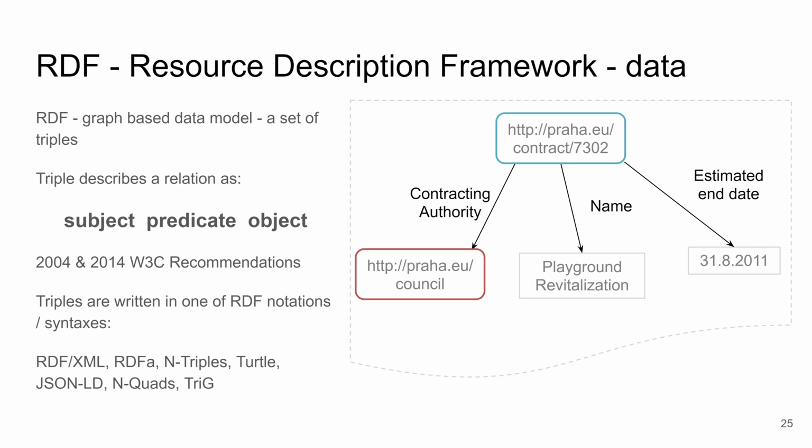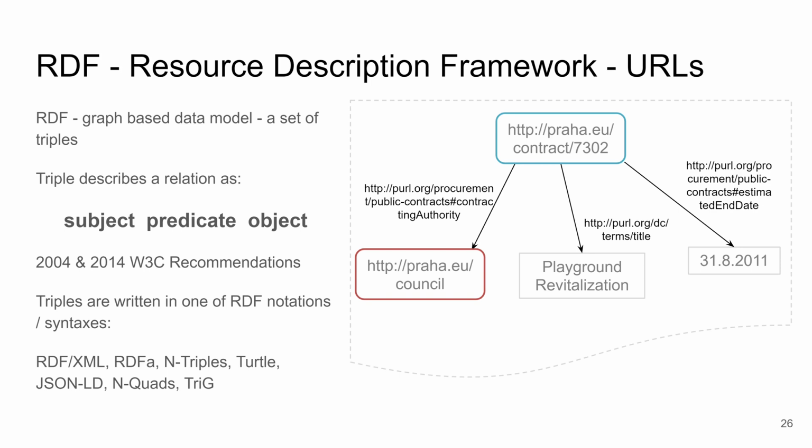So actually what happens is that even the predicates are things identified by IRIs uniquely, globally. And when we want to know what the predicate actually means, we can always go to that IRI and find out. So here the data is the same. However, the predicates are now represented by IRIs. And this is actually how it looks in the RDF data model.